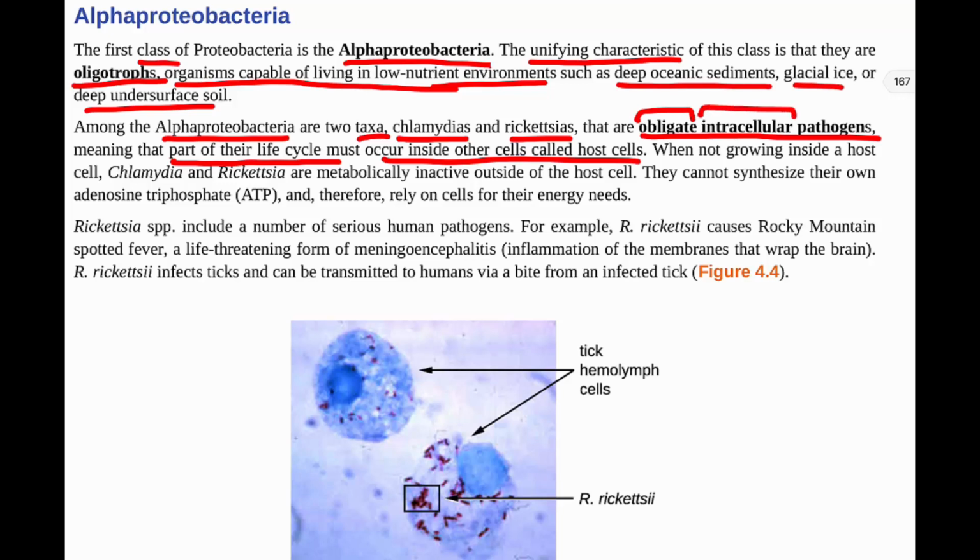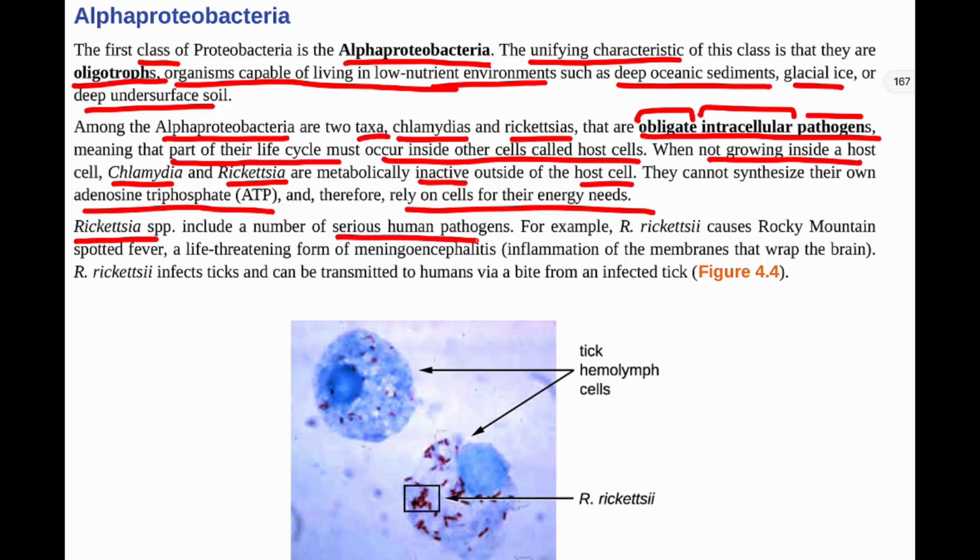When not growing inside a host cell, Chlamydia and Rickettsia are metabolically inactive. They cannot synthesize their own ATP, so they have to rely on host cells for their energy needs. Since they cannot make their own ATP, they have to get inside other cells and use up their ATP.